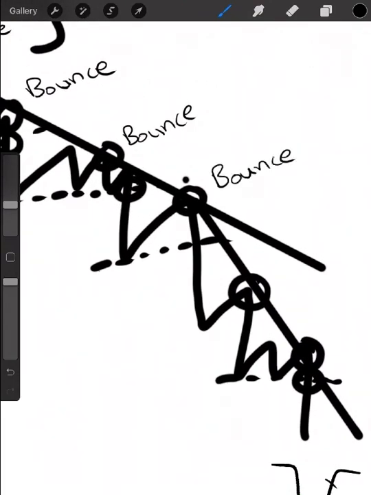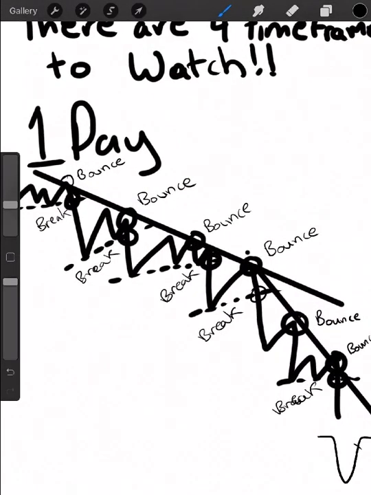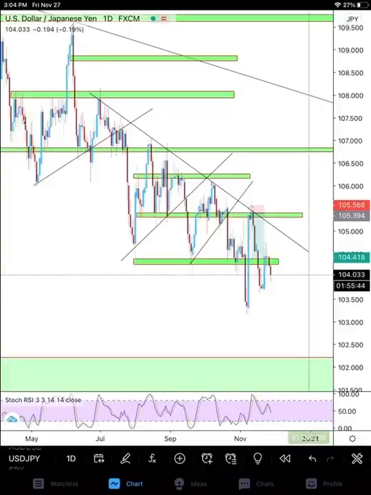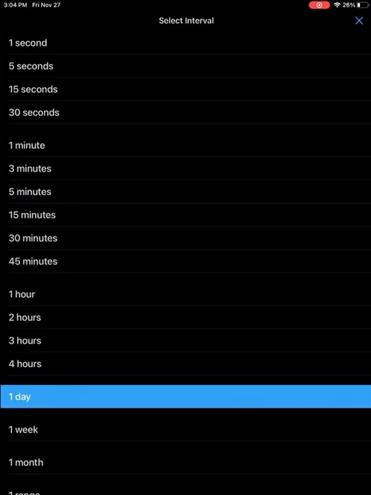This may be easier when you're seeing it form in the markets themselves, when you see the actual chart, the real chart, which, here you go. With this, it's basically the same thing, right?